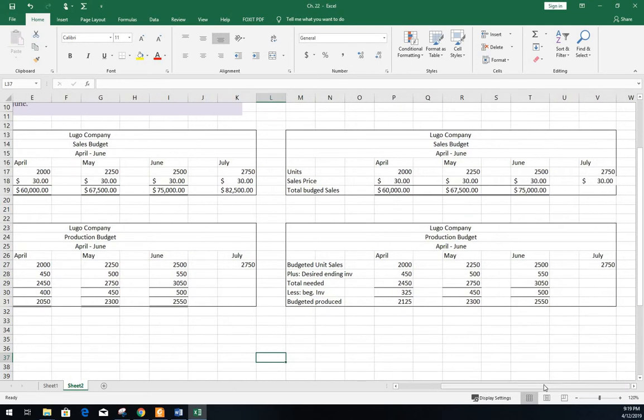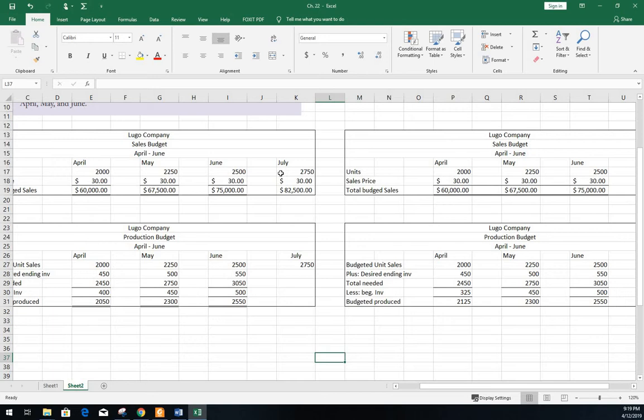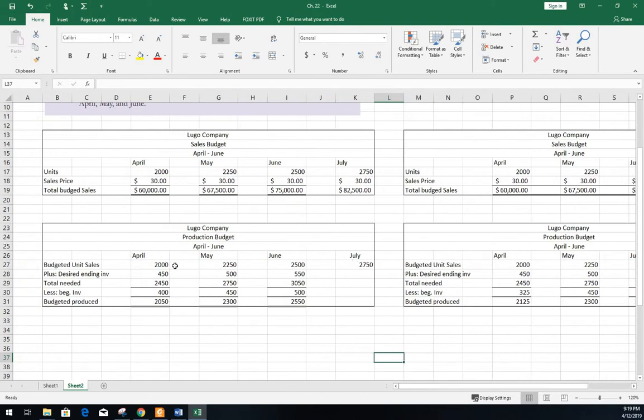data. Okay. So here we have 60,000 for April, 60,000 for April, 67,500, 67,500, 75,000, 75,000. July is not important. It's just a filler. 2,000 here with the ending budgeted produce of 21.25.